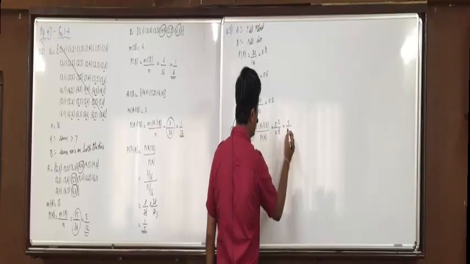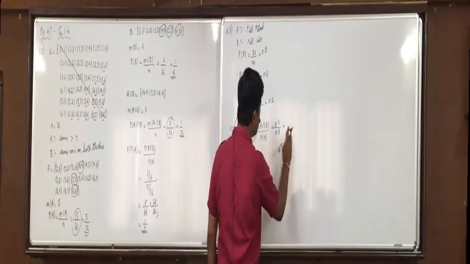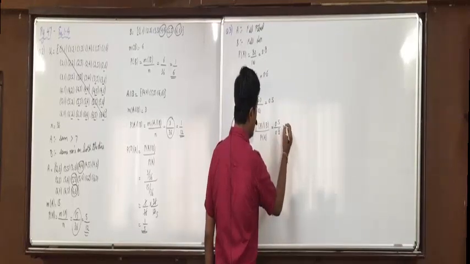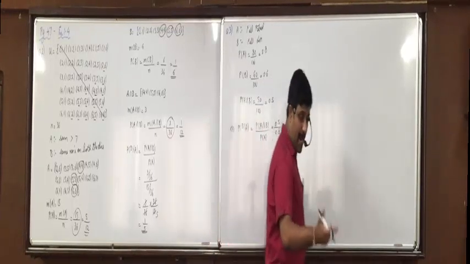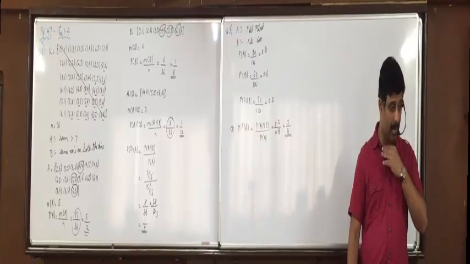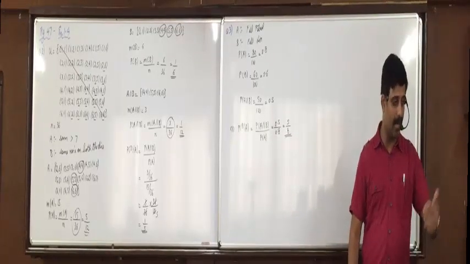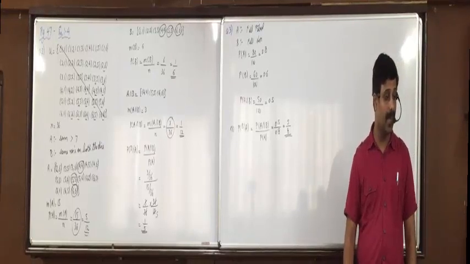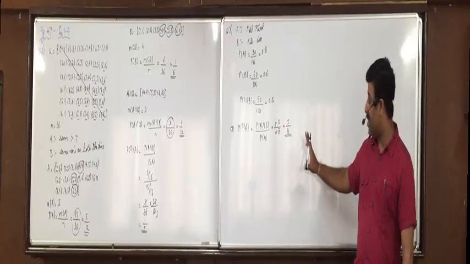Can I say 5 by 8, or you can write it in decimals if you get exactly. Keep it in fractions only, 5 by 8. What is the answer given at the back? 5 by 8? Check it. Exercise 1.2 question 3. And then keep it 5 by 8.